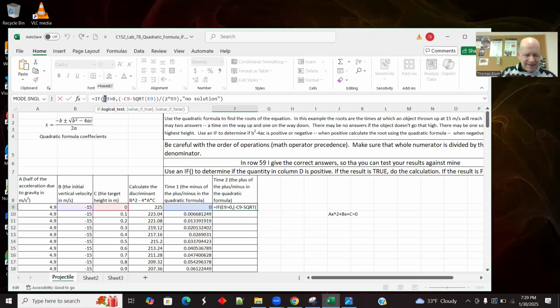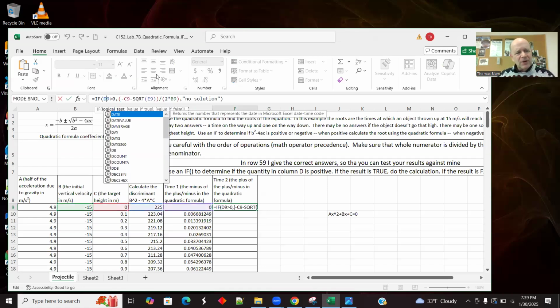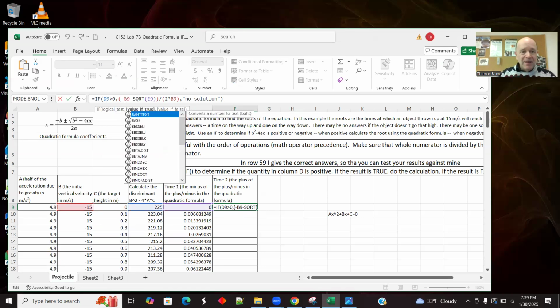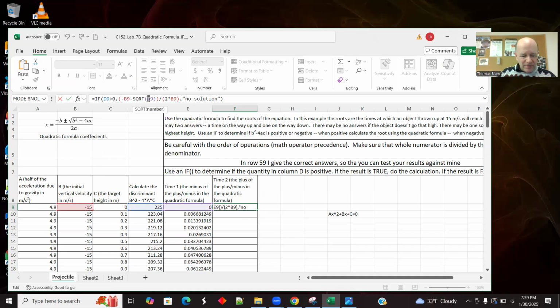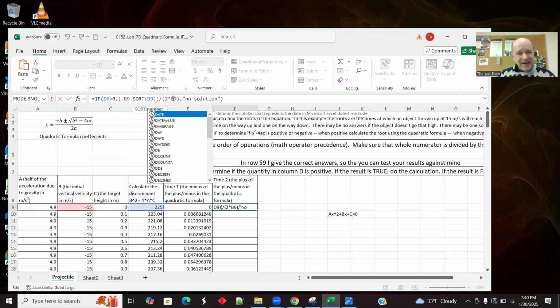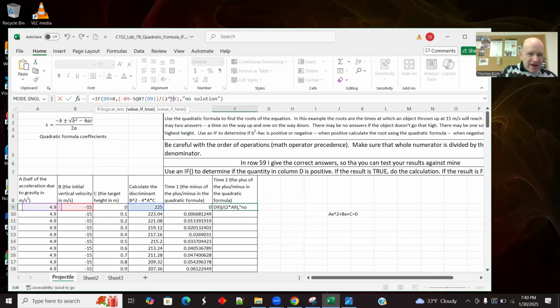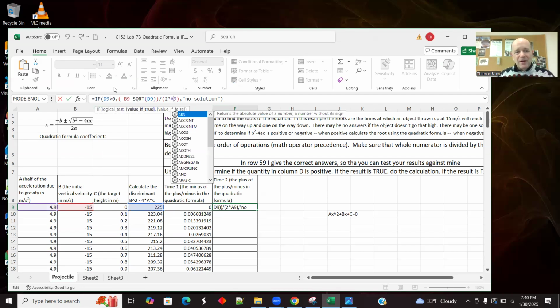So I'm going to take that back to D9. And we know that the formula was B, and it was square root of D, and it was 2A in the denominator. So I put all those things back. I could have achieved that if I were smarter and did this in advance. I could have put dollar signs in front of the letters so that when I pulled across, the letter stayed put. But I didn't do that.